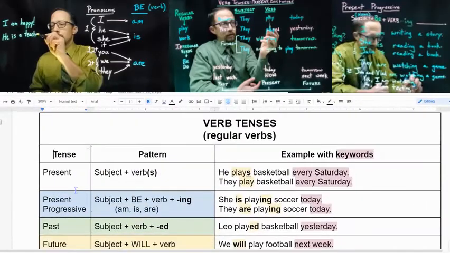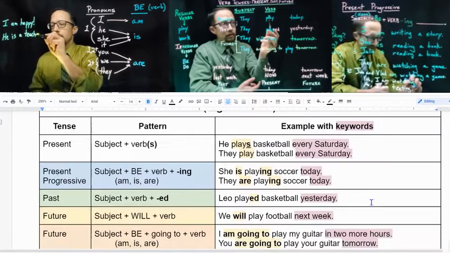Verbs change with time. Remember from the video, tense or tenses is like time. Okay? Here are patterns. Remember, the subject is like he, they, or she.